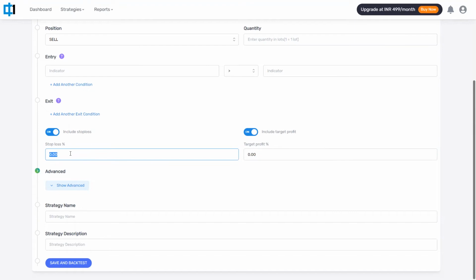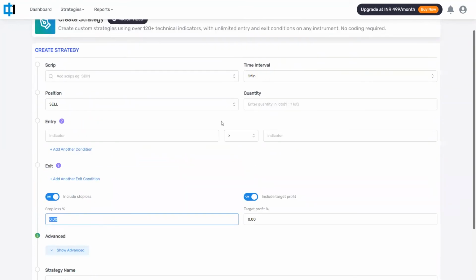So the first order goes as a limit order, and the take profit goes as a limit order after it. And also there's a stop order on the stop loss side that's also running. So yeah, those are the major risk management features on this.